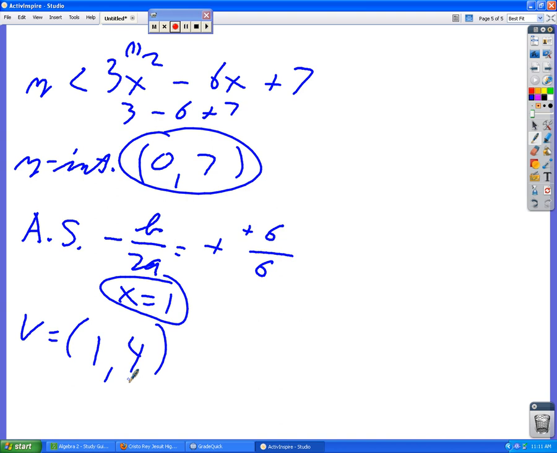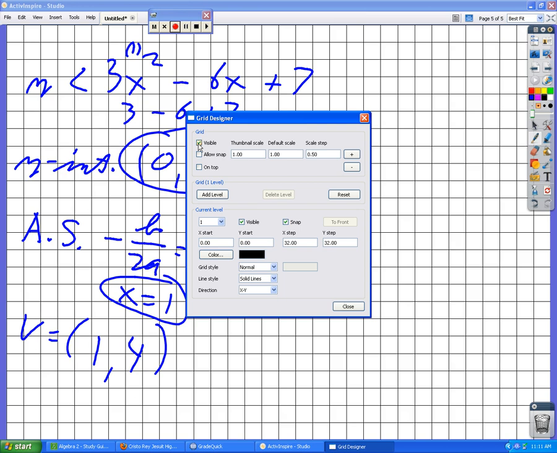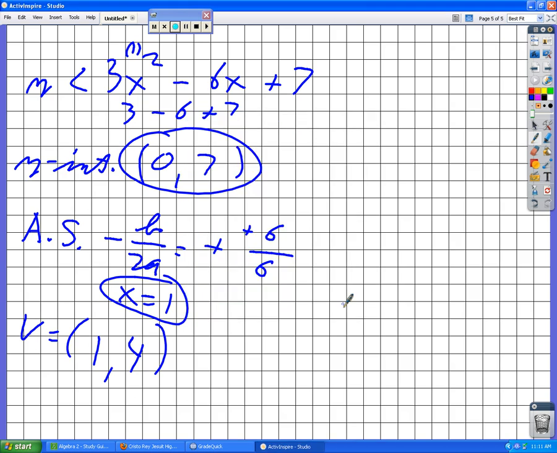Now we're ready to graph. We're going to graph x equals 1 first. X is 1 is right here, and it's this line.